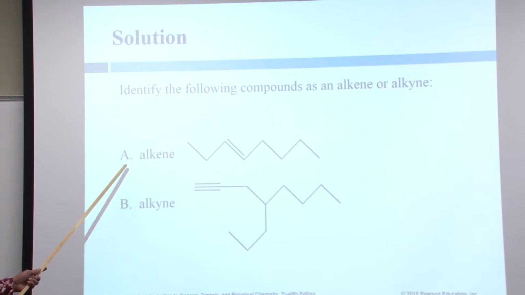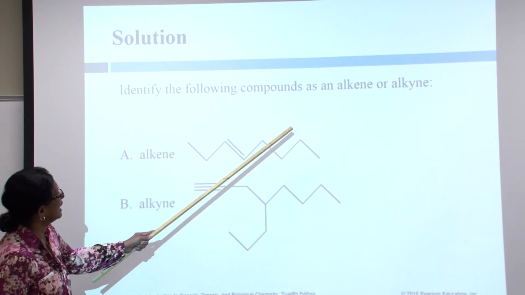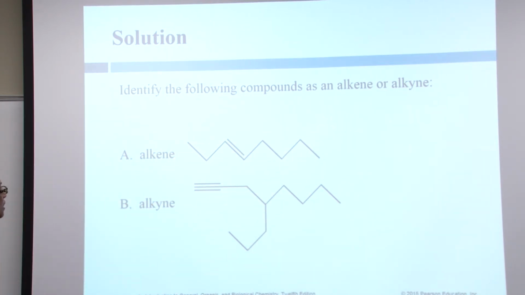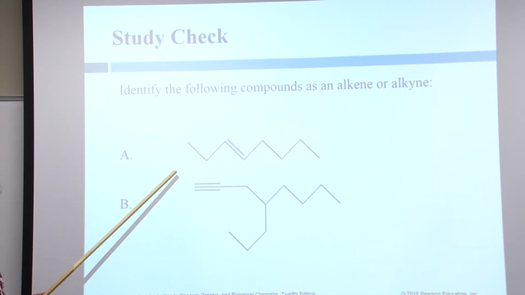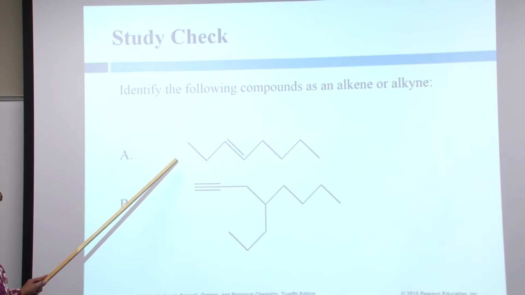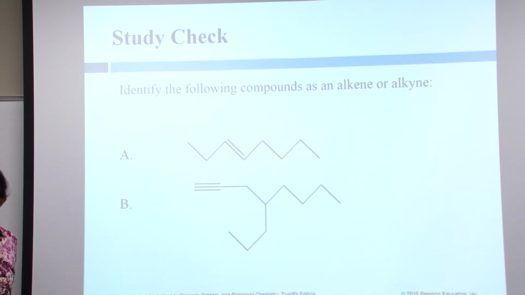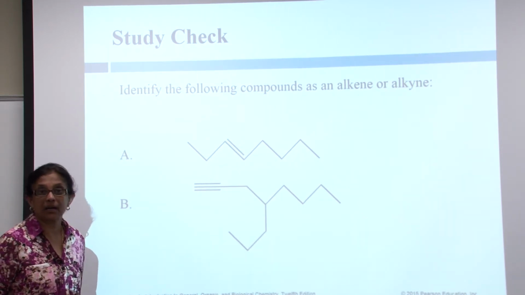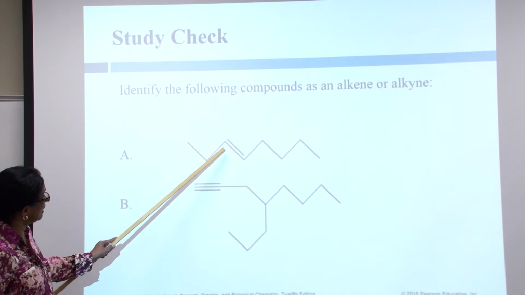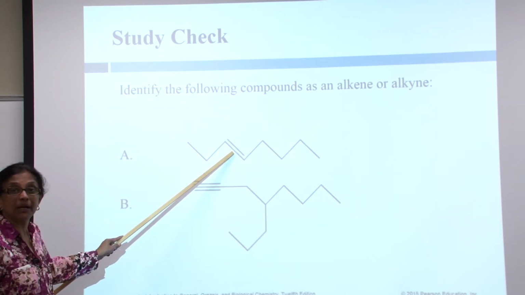Now, identify the following compounds as alkene or alkyne. I'm looking at this compound, and remember the definition of alkene. An alkene is a hydrocarbon which contains at least one carbon-carbon double bond. So I look at a double bond. This is a double bond.